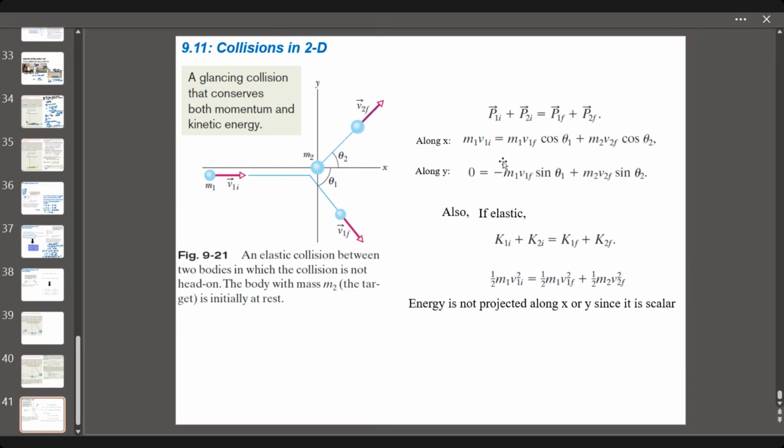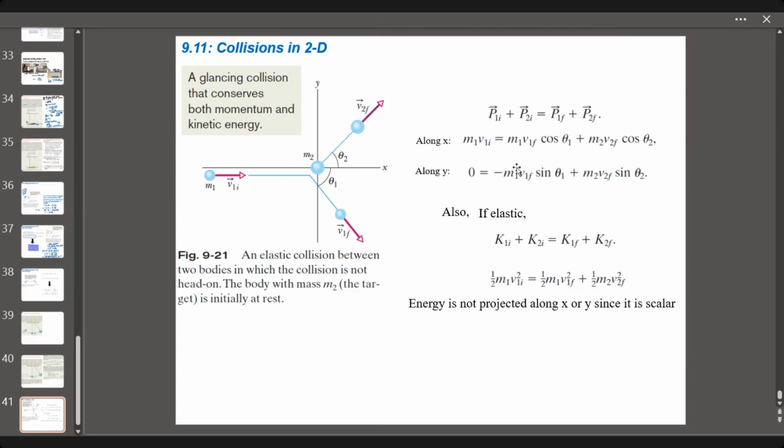So we get this equation along the y direction. And if the collision is elastic, I can also study conservation of kinetic energy. I'll put K1 initial plus K2 initial equals K1 final plus K2 final. But here I will not project because this is a scalar equation. Now K2 initial is 0 because m2 was at rest, so I'll just cancel that out and I obtain this equation. And we can basically solve for whatever speed we're looking for.